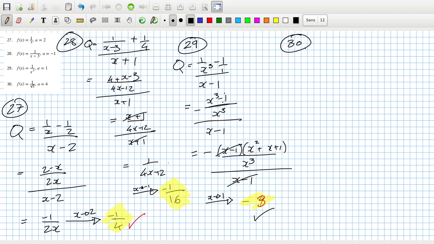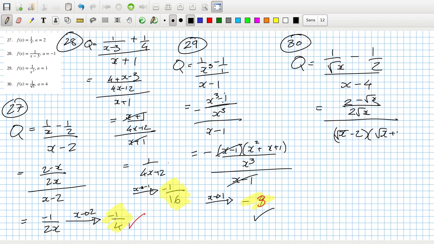Okay, 30. 1 over root x minus 1 over root 4 over x minus 4. 2 minus root x over 2 root x, over x minus 4, which is x, root x minus 2 times root x plus 2. They cancel, leaving a minus 1.